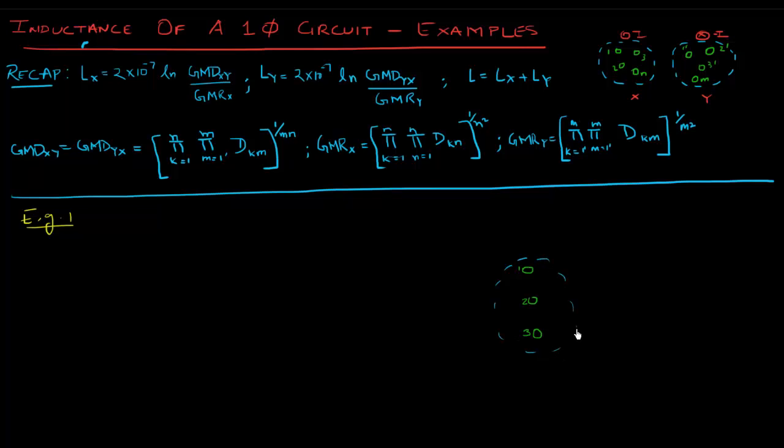So that's conductor X. And then we're going to have conductor Y. Let conductor Y only have 2 strands, and let me draw them a little bit bigger because I'll make the radius of these strands different from the radius of strands in conductor X. So that's your conductor Y. So this is conductor X, this is conductor Y. Let this distance between 1 and 2 and between 2 and 3 be 5 meters.